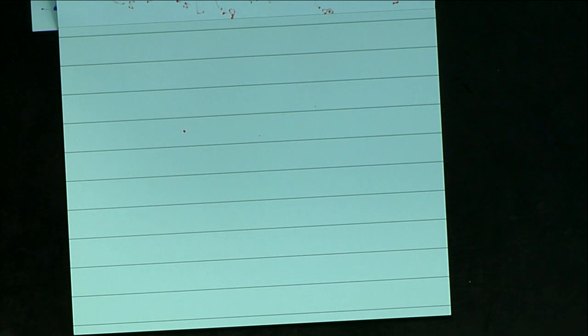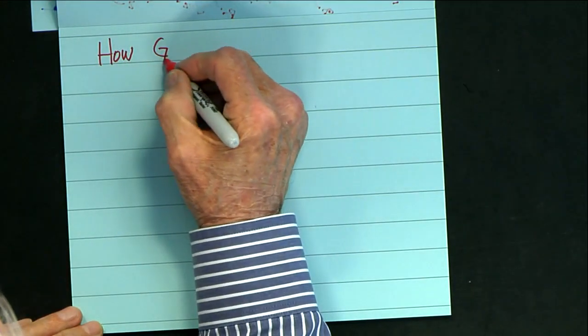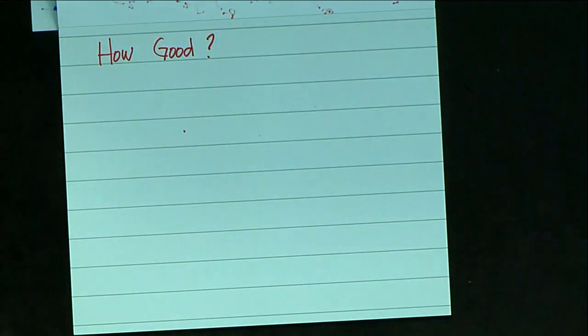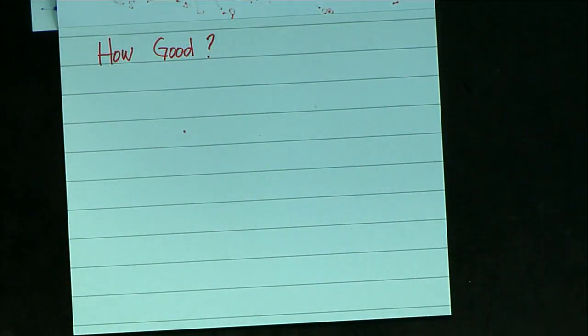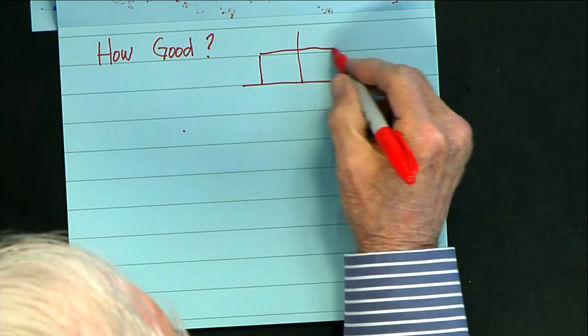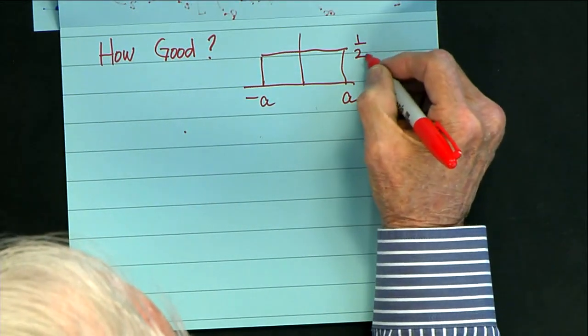So how good is Chebyshev? Well, let's take an example. Maybe this is where the A came from. Here's an example of a mass density, 1/2a.